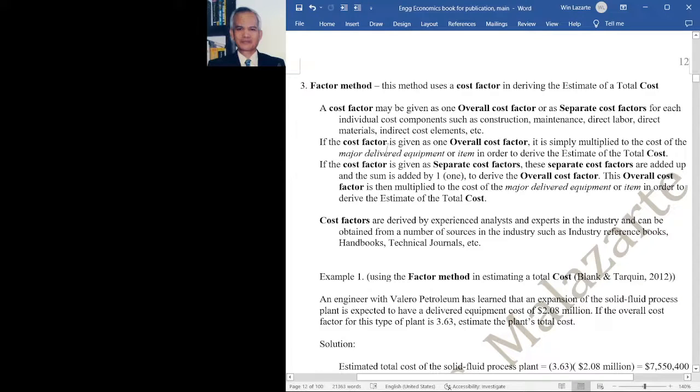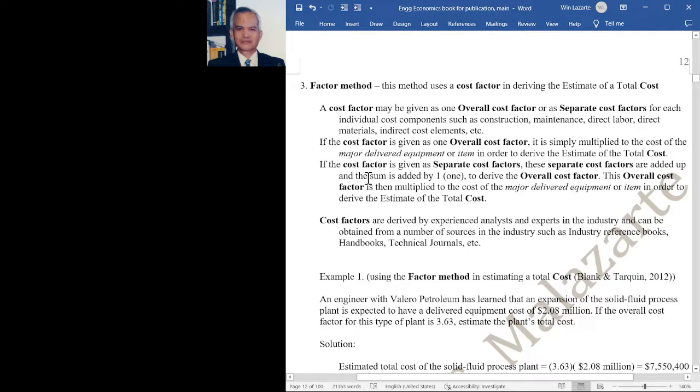If the cost factor is given as one overall cost factor, it is simply multiplied to the cost of the major delivered equipment or item in order to derive the estimate of the total cost. By the way, this method can be used only in estimating a cost.